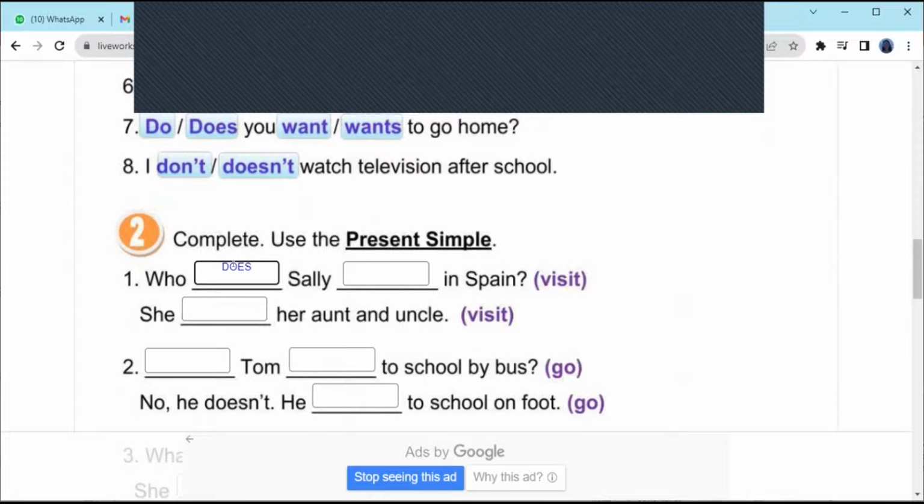Does Sally visit in Spain? And you're gonna continue in that way, completing the questions with the words here, okay? And you click on finish and share the answer to the teacher. Okay, I'm gonna share with you the link because you're gonna work in your group with this exercise.